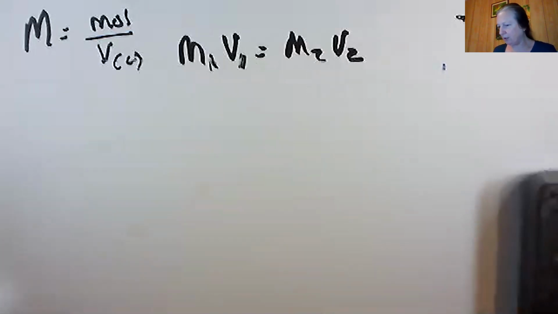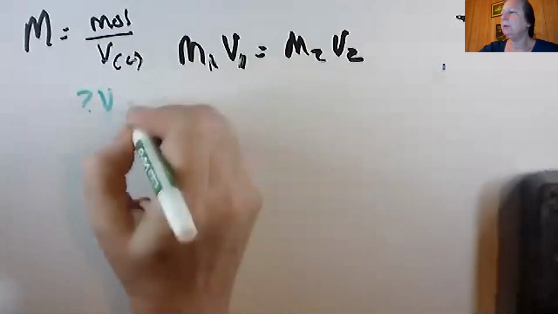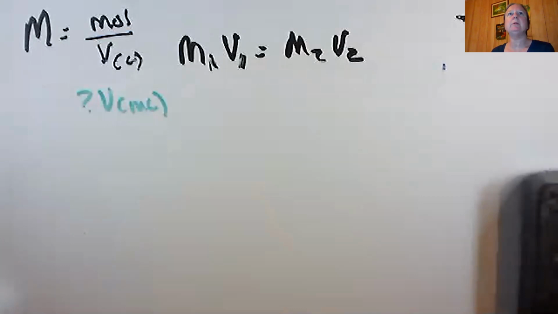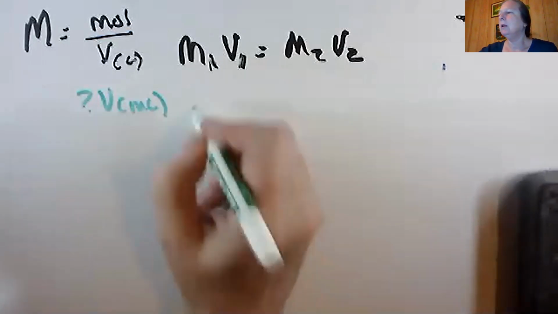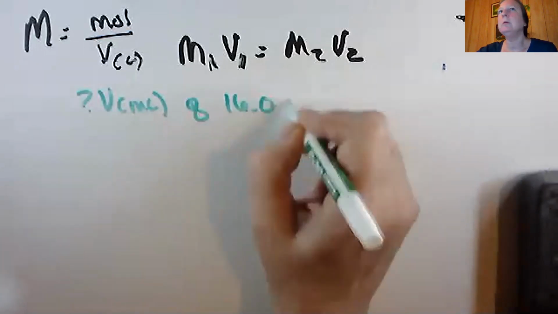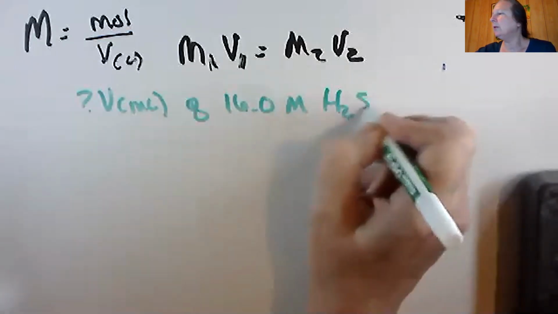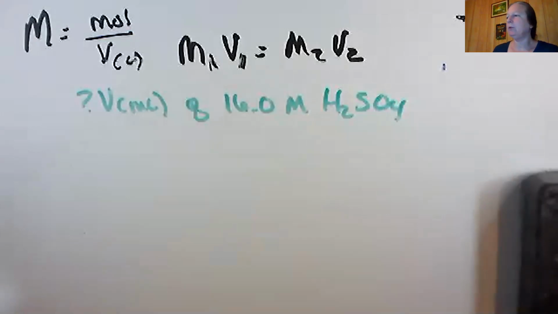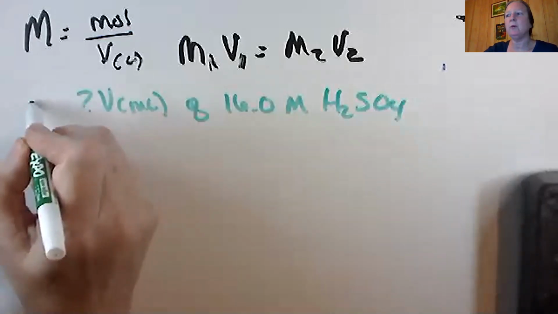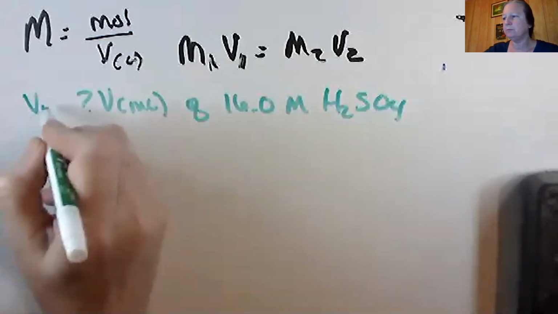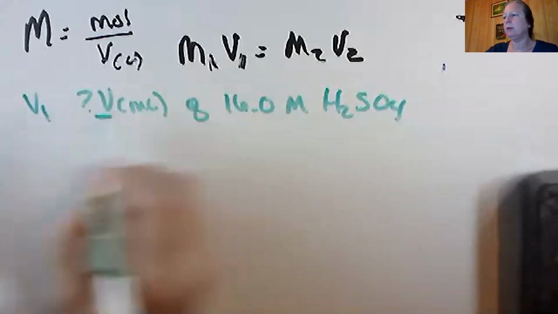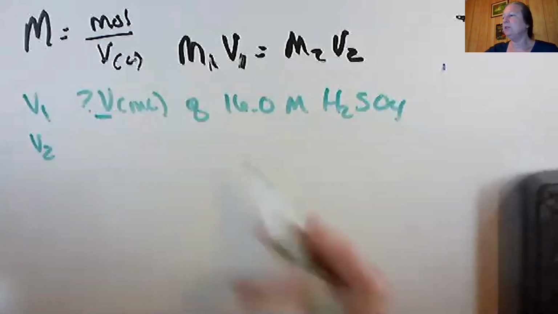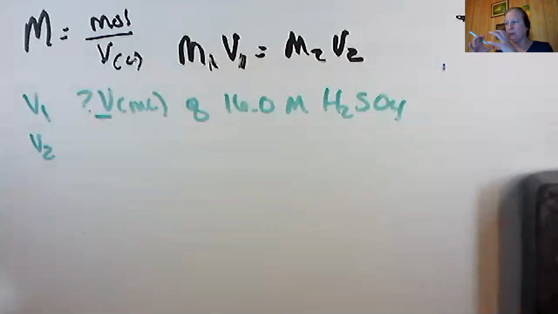So my question here is, my glue is already running out. Volume, and it specifically says in mils, of 16.0 molar sulfuric acid must be used to prepare. So this is going to be my first set of volumes. I'll call it V1 because we're looking for V. Like I said, it doesn't matter which one as long as you keep your proper volume with your proper molarity.